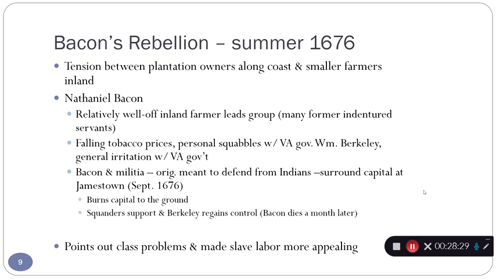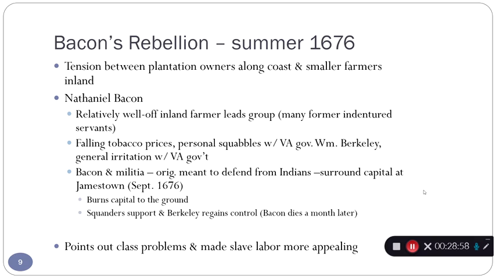And so Bacon gathers followers, many of whom are part of the Virginia militia, and leads them against the capital at Jamestown. He surrounds the capital city, he burns the Capitol building down. This loses virtually any support that he has. People see this and they say, wow, this guy is a madman.